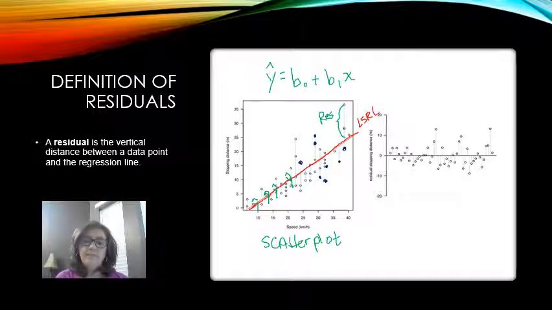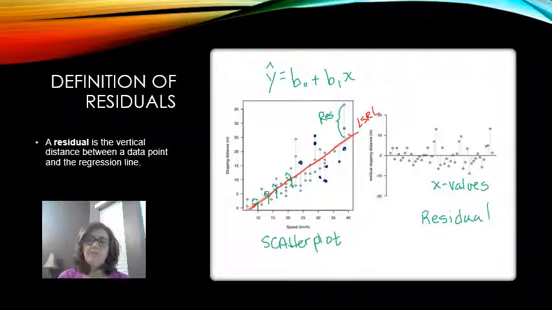This part stays the same. These are still your x values. Those don't change. What does change is that instead of having the y's this way, this is now your residual. This is the vertical distance of how far each data point is from the regression line. So this is a residual graph.